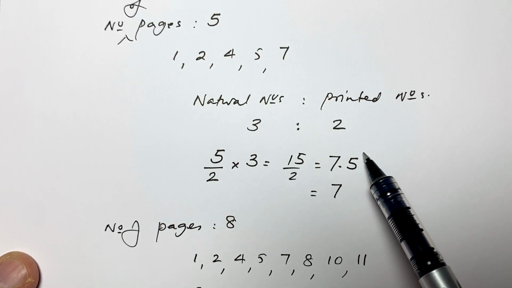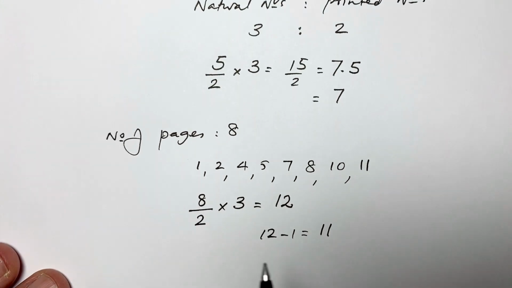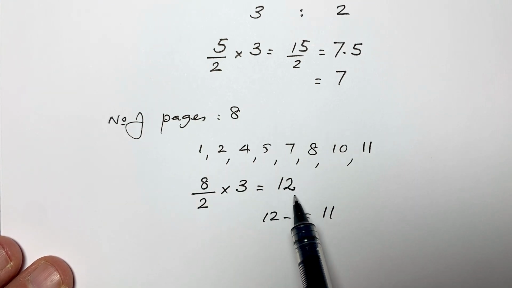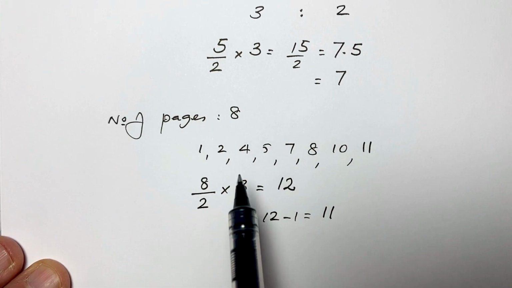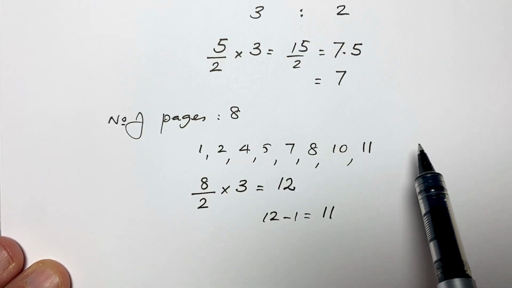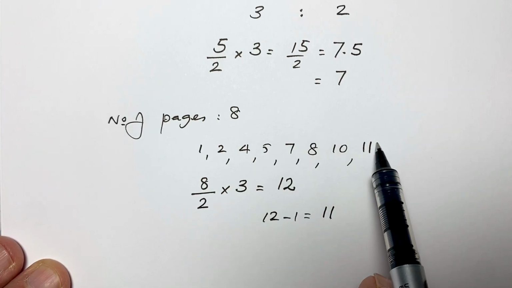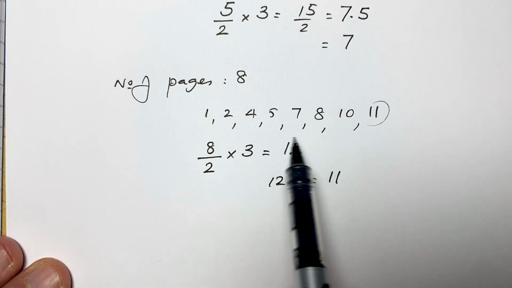So all I had to do was get rid of the decimal value, and that would give me the page number on the 5th page. When it's an even number, when I divide by 2 times by 3, it gives me one of those multiples of 3 which I need to get rid of. So I cannot have 12 because 3, 6, 9, 12, 15, these are omitted. So in this case, by removing 1, I get back to the actual page number when it's numbered in that style.